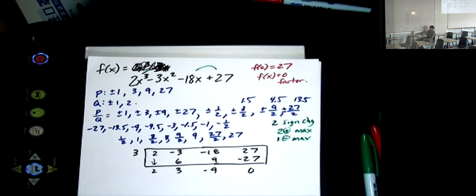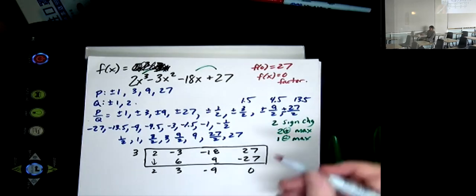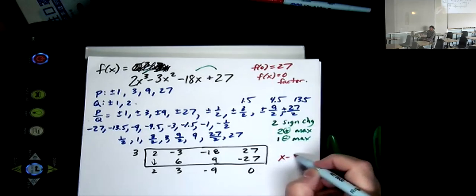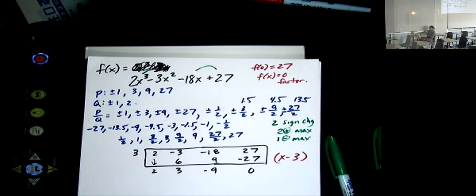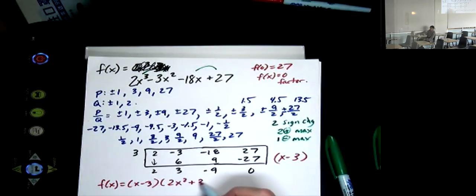And it worked. X minus 3 is a factor. And what we have left over, these are the coefficients of a polynomial that is 1 degree smaller.